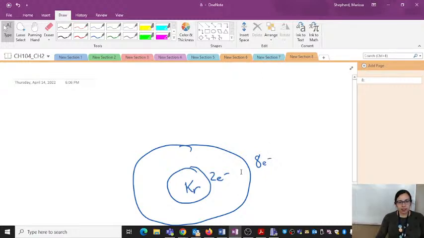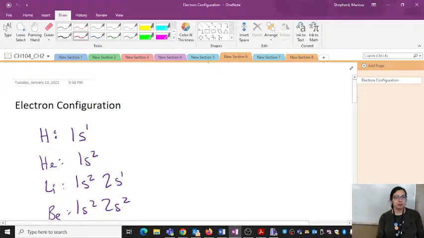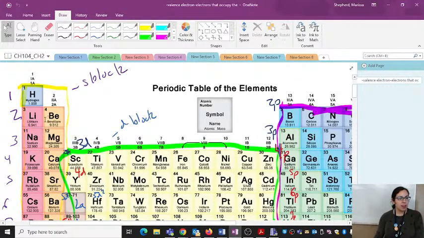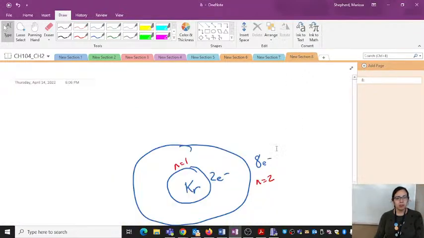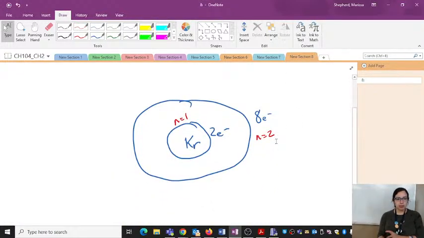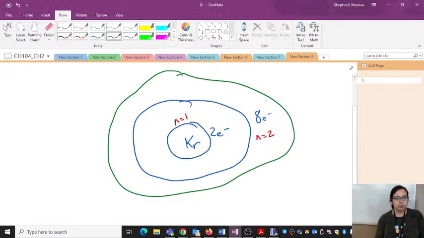And then this second shell, so basically these are different shells, so this is n equals 1, n equals 2 now. So at the n equals 2 level, now we have our s plus our 2p, so that gives us 8 total. So that's where that 8 comes in. And then the next one is now our n equals 3 level.